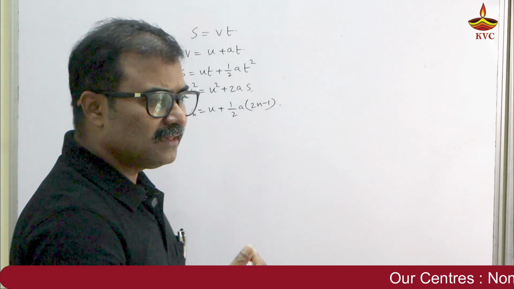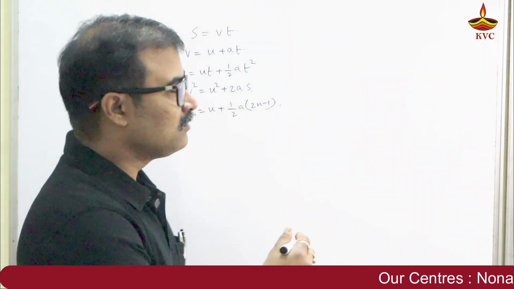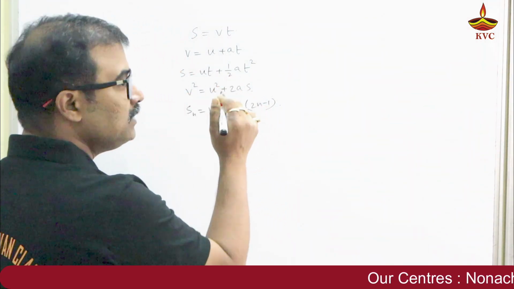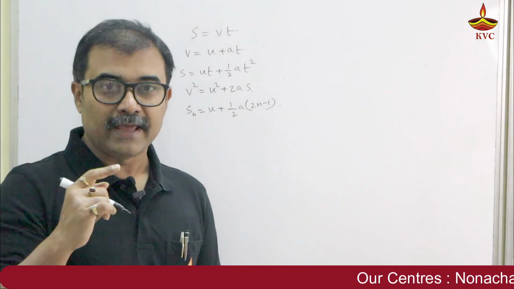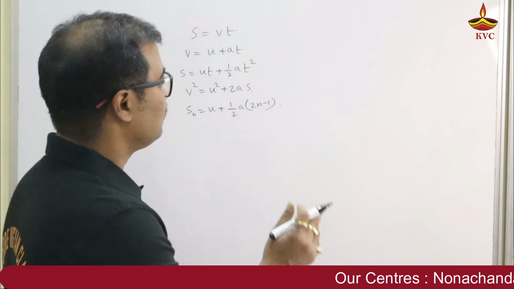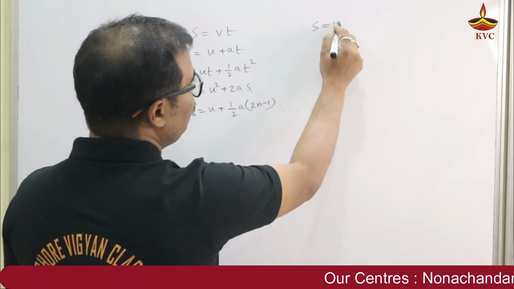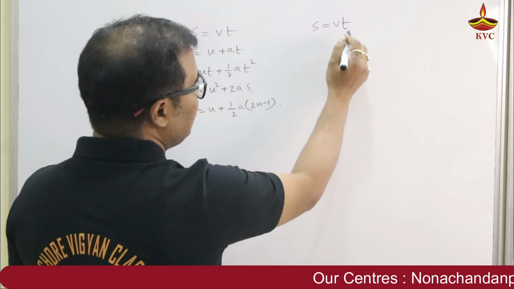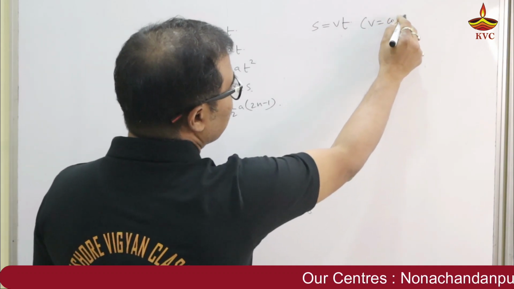Now, there are a whole lot of misconceptions regarding S equals Vt. The only thing you need to remember is that for every physical equation, there is one non-integral part and one integral part. That means S equals Vt can be used if V is constant over time.